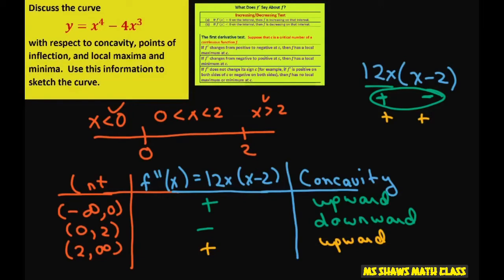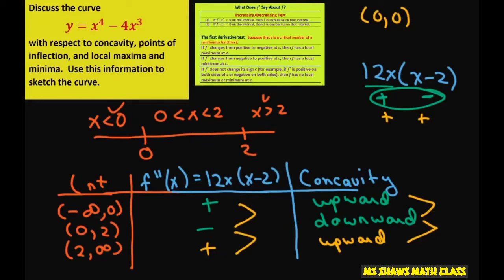Since it's switching from upward to downward and downward to upward, or positive to negative and negative to positive, we have two inflection points. The point 0, 0 that we had from the previous slide is an inflection point since it changes from concave upward to downward.